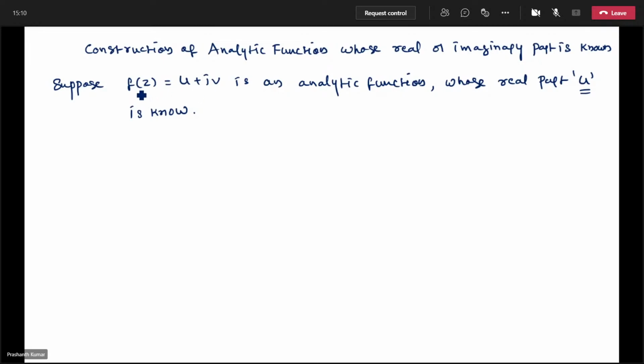Suppose f of z is an analytic function whose real part is known. If we know this real part, we want to find the imaginary part.